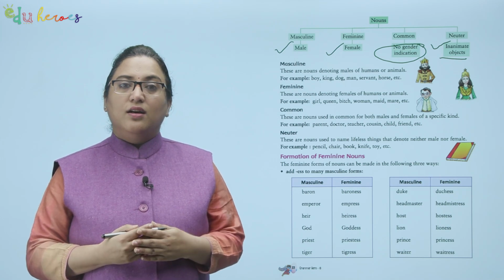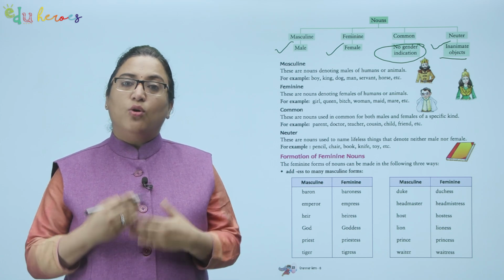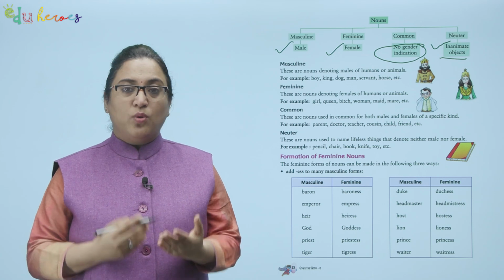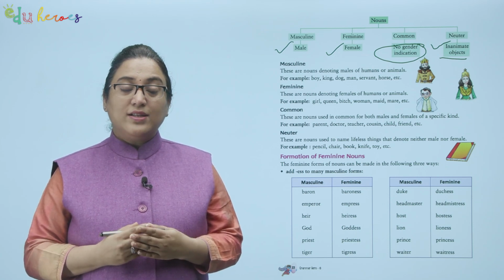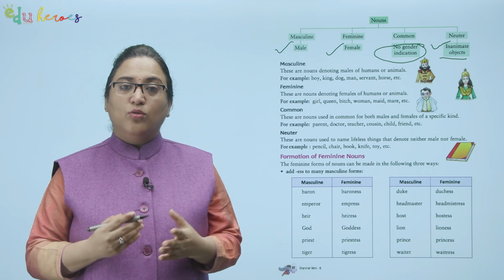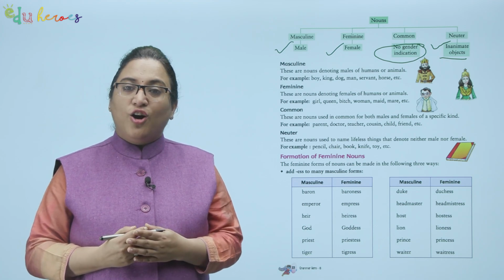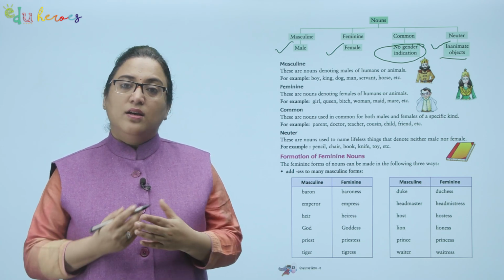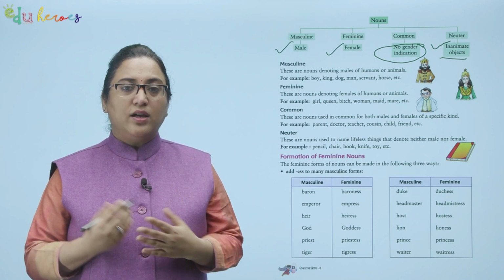Feminine, these are nouns denoting females of humans or animals. For example, girl, queen, bitch, woman, maid, mare, etc. Whereas in common nouns, these are nouns used in common for both males and females of a specific kind. मतलब कुछ ऐसे nouns, कुछ ऐसी चीज़ें जो एक मेल भी हो सकता है या फीमेल भी.